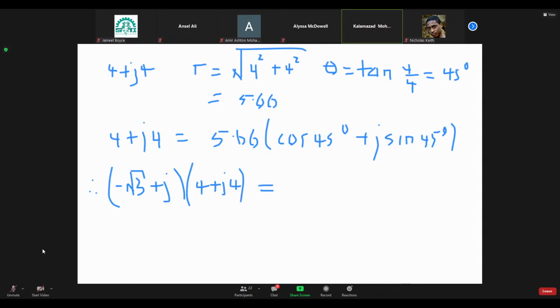All right, now check out the formula. What do we do when we are multiplying? In the notes, find the formula for multiplying complex numbers in polar form.